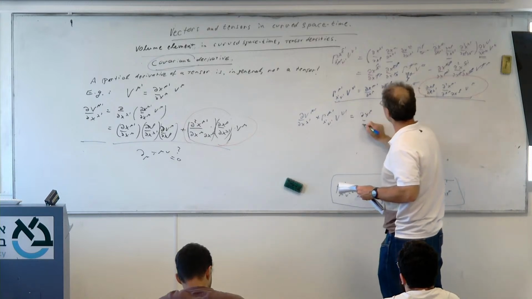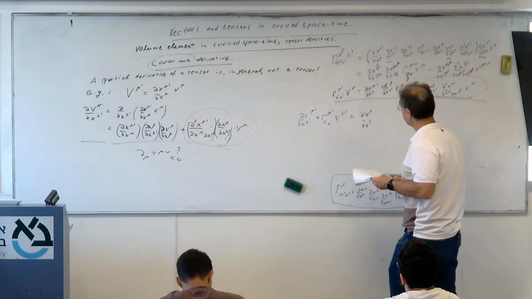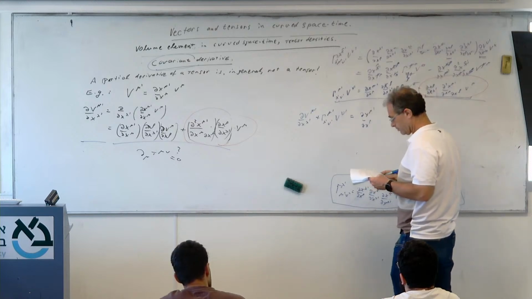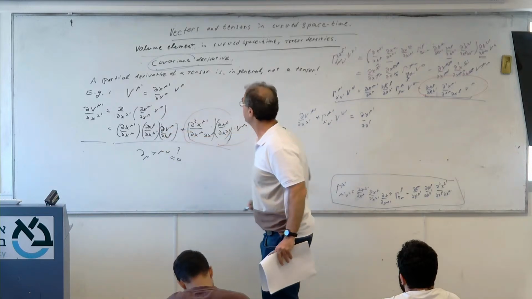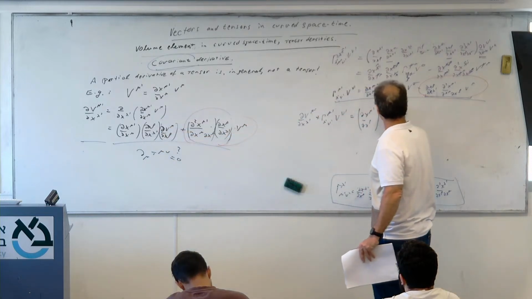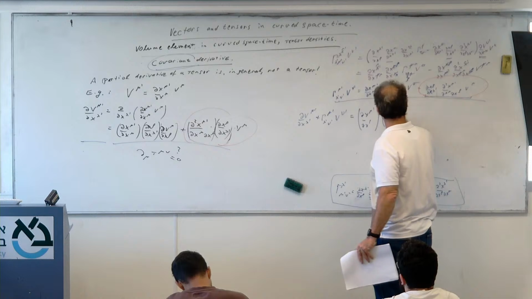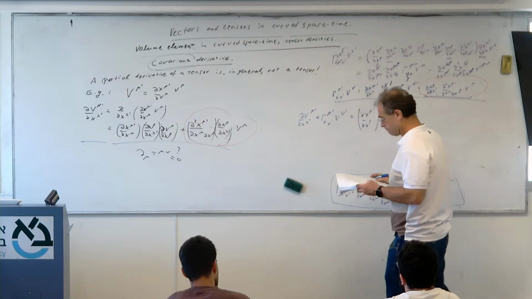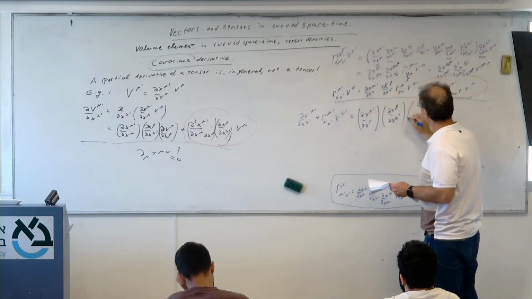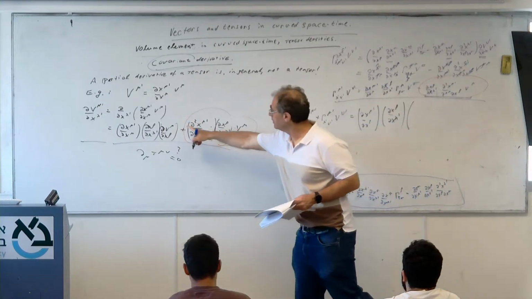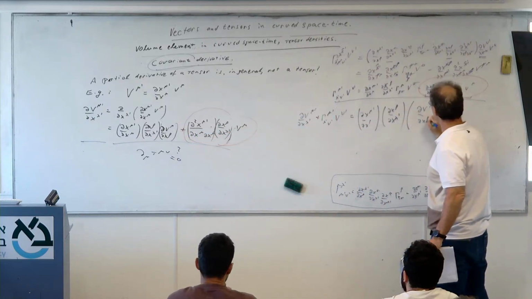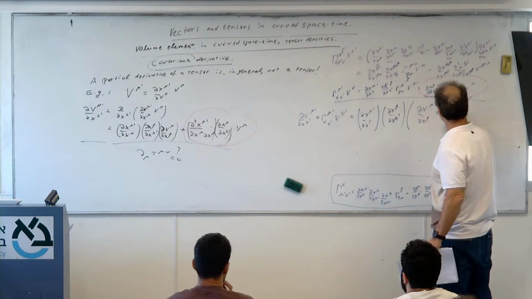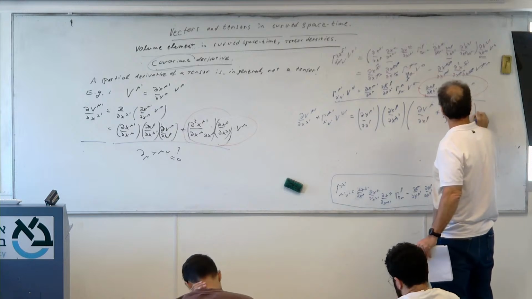Dx mu prime over dx mu, dx rho over dx lambda prime, times dv mu over dx rho plus gamma mu rho sigma v sigma.